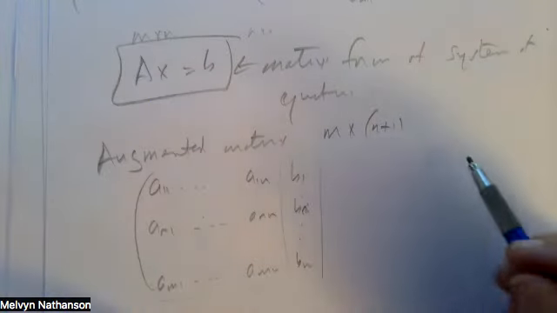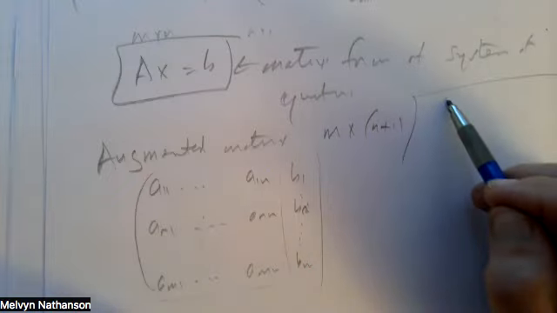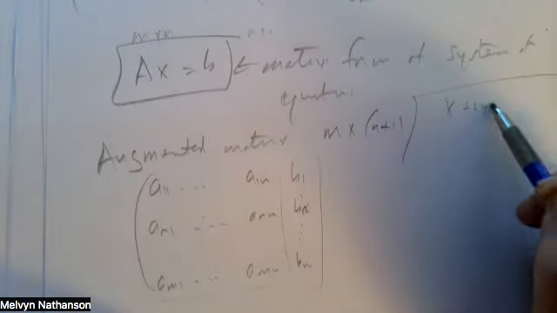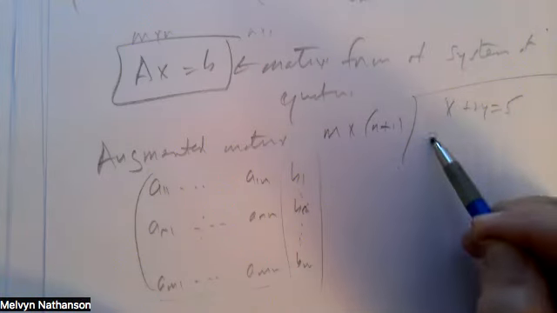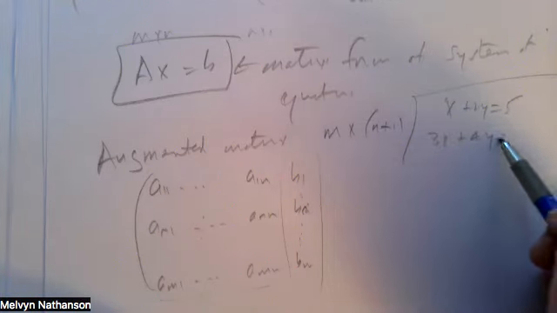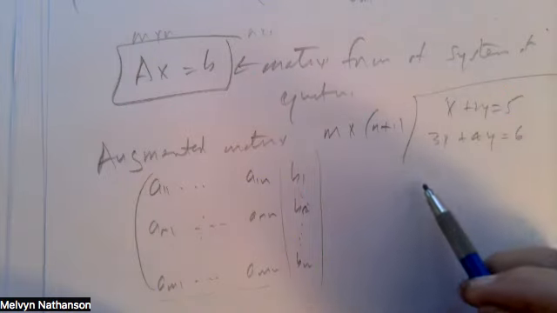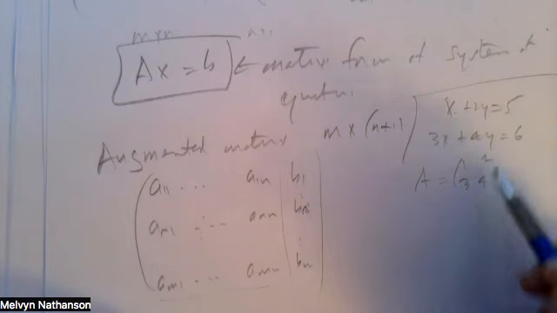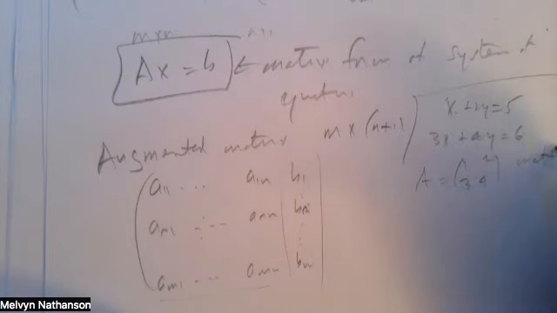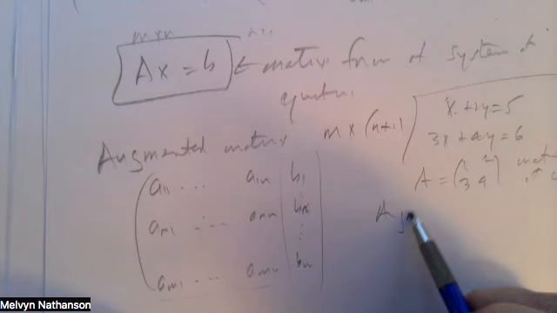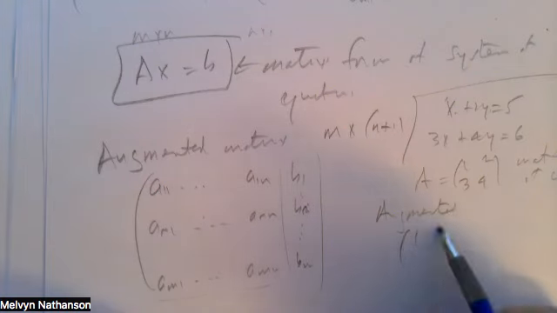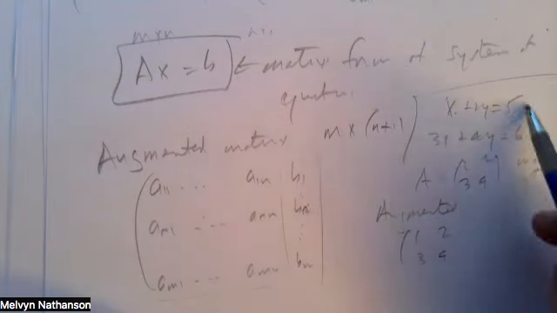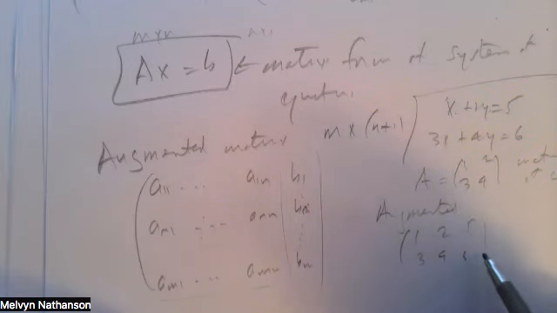So for example, if you had a system x plus 2y equals 5, 3x plus 4y equals 6, the matrix of coefficients is 1, 2, 3, 4. And the augmented matrix, you take 1, 2, 3, 4, and then you add the right-hand column, 5, 6.